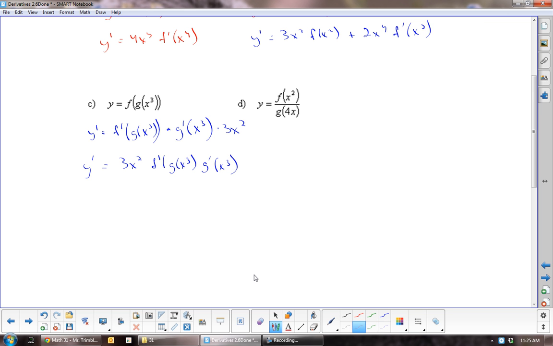Okay, and then we have the chain rule and the quotient rule. Let's just say it's low d high minus high d low over low squared. So y prime equals low, which is g of 4x, times the derivative of the high, which would be f prime x squared times 2x.